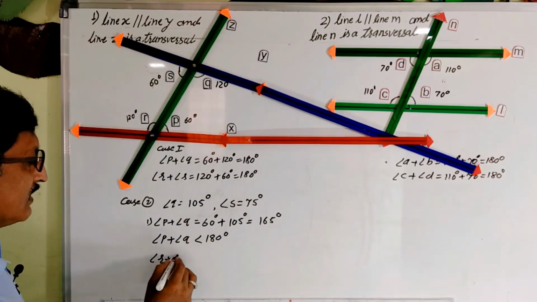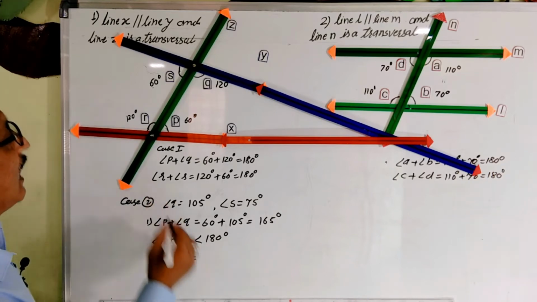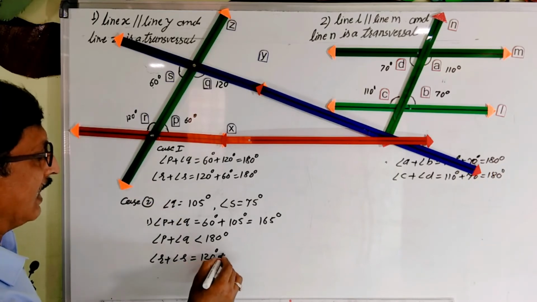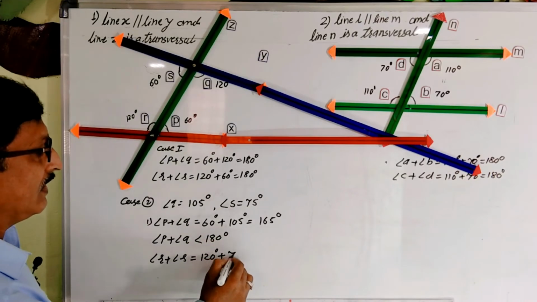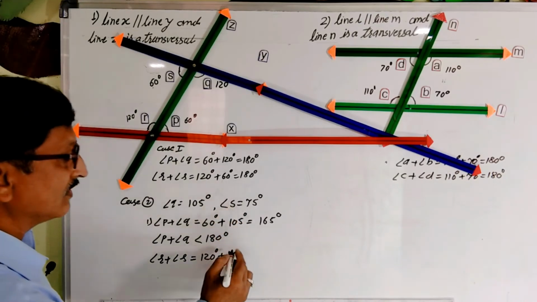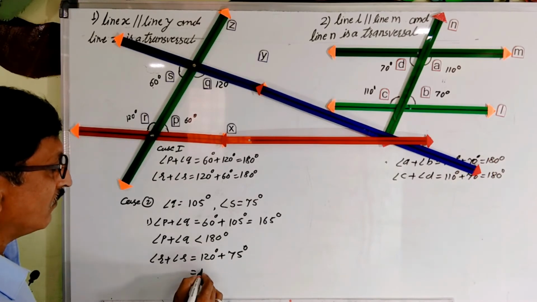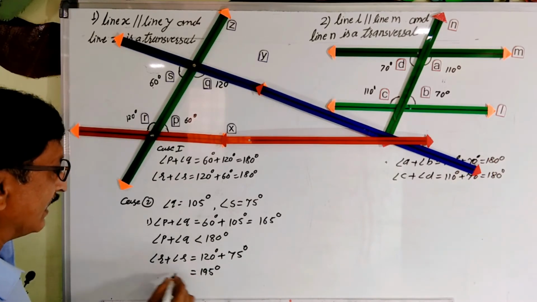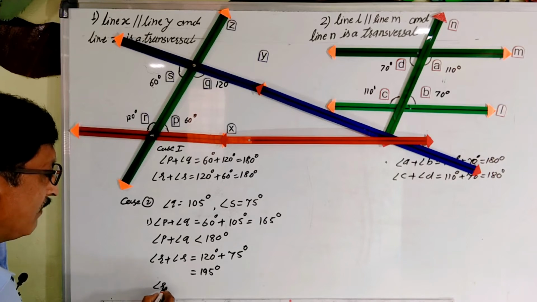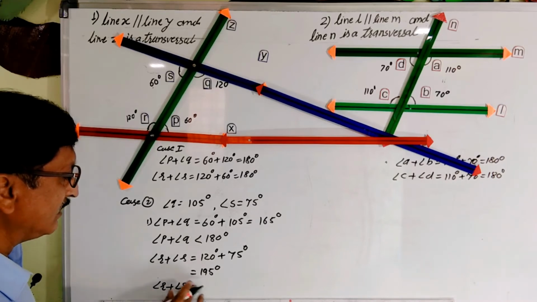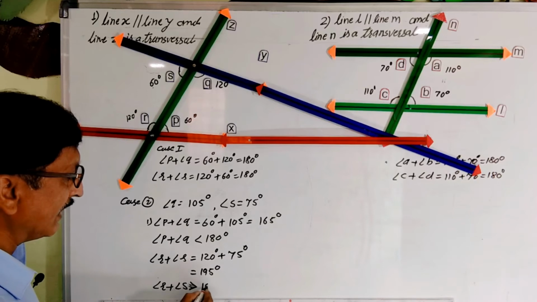Angle R is 120 degrees and angle S is 75. Here I just increased it by 75 degrees, and therefore the sum of these two angles is 195 degrees. That means angle R plus angle S is greater than 180 degrees.